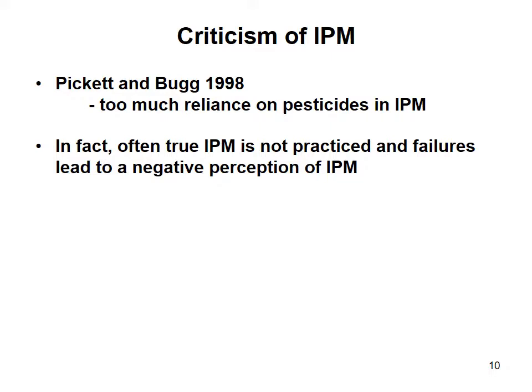Rather, in many cases, an alternative spray strategy is used, and that's called IPM. So the problem is that a farmer might fail in the first case, and whatever they tried is labelled as IPM. So there's a massive potential then for this problem to be repeated, and a bad perception of IPM is generated.